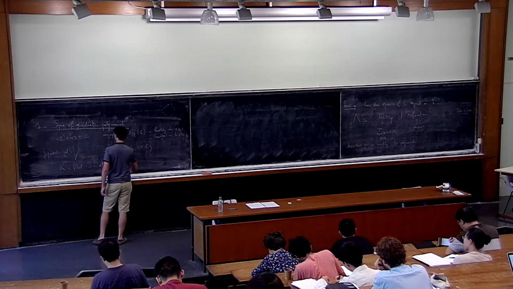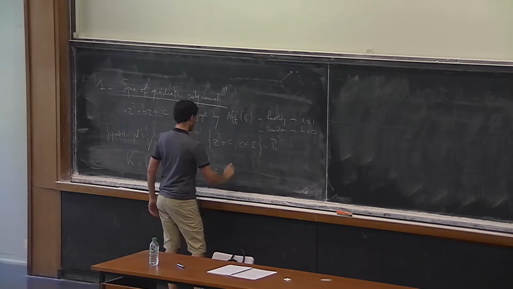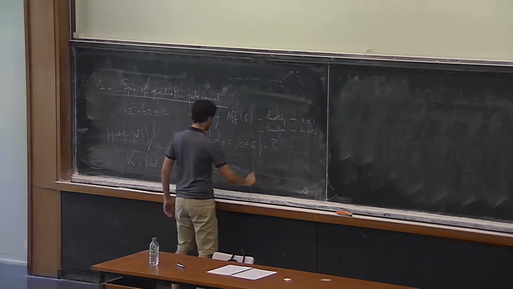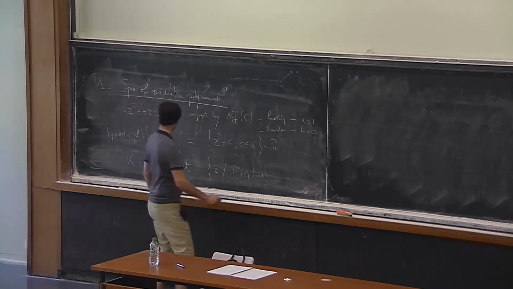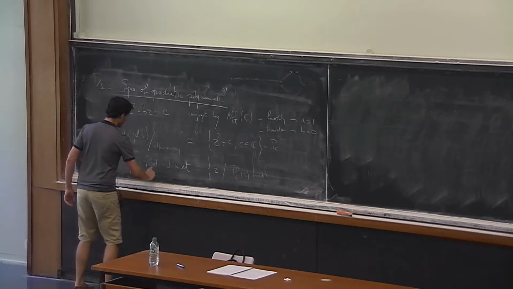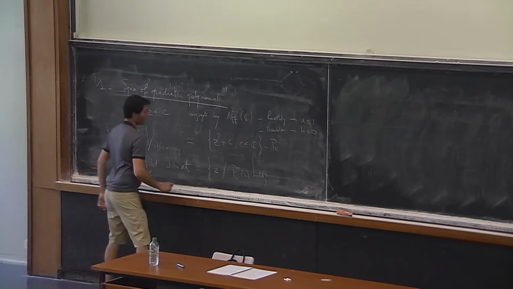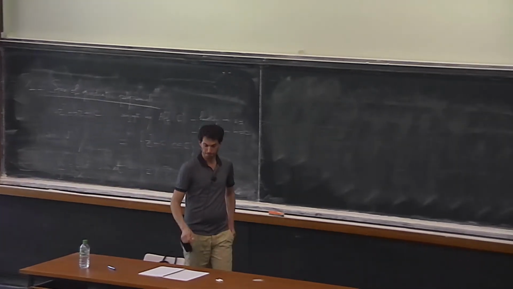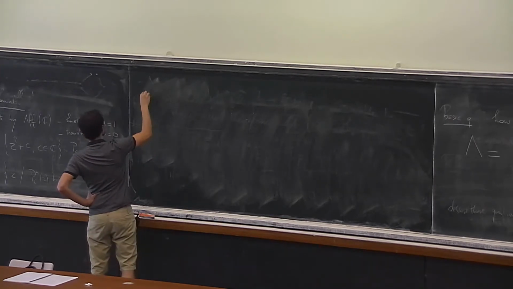The set of points z such that, I will usually denote it by P sub c, P_c^n(z) is bounded in the plane. And the Julia set is actually the boundary of K. Okay, and if you are not in K, you go to infinity.